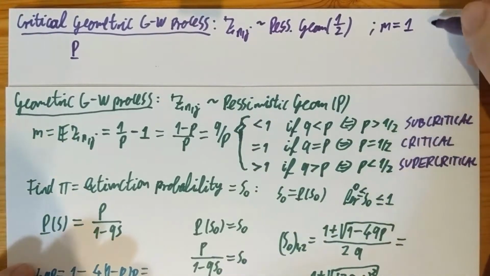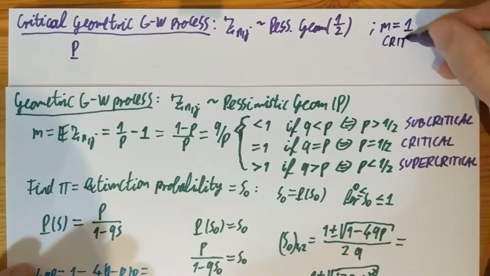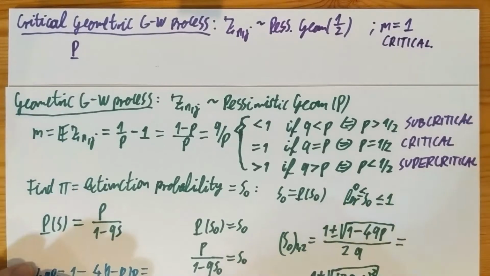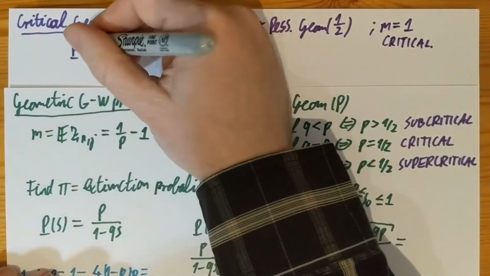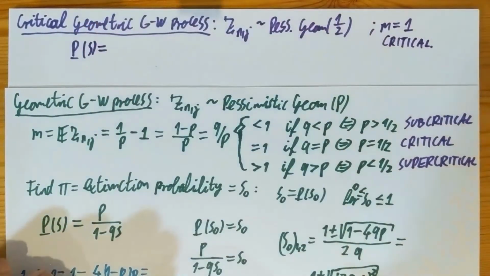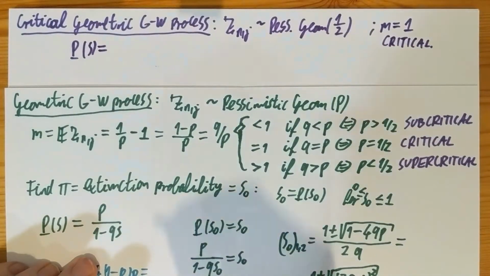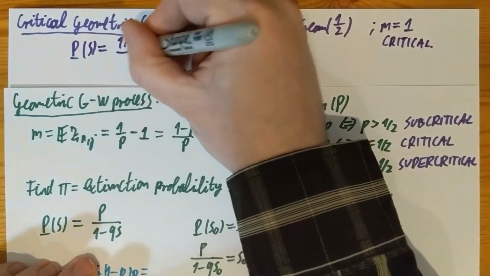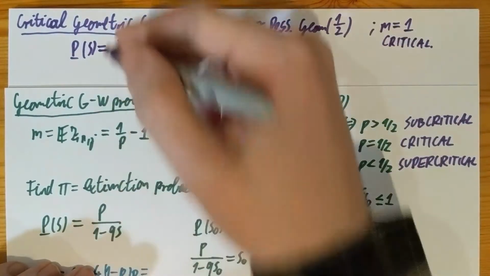So we are critical. Okay, we know that there is an extinction with probability 1, but we are going to say a bit more about this case. So the generating function is P over 1 minus QS.